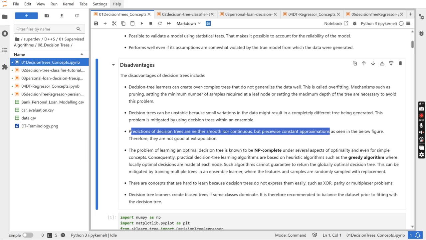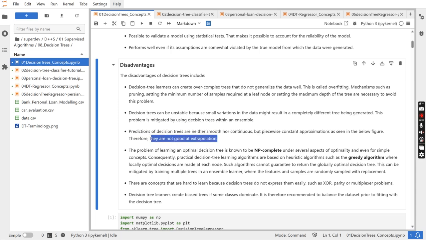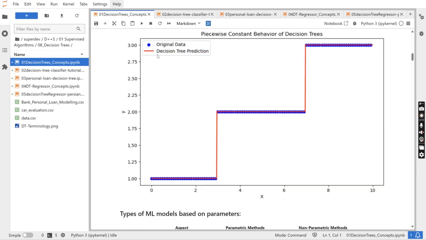When you calculate the y prediction, some sort of piecewise constant approximation is formed. Something like this. Notice the original data. Based on the rules that it has come up with, the decision tree has clubbed the data here at this decision.